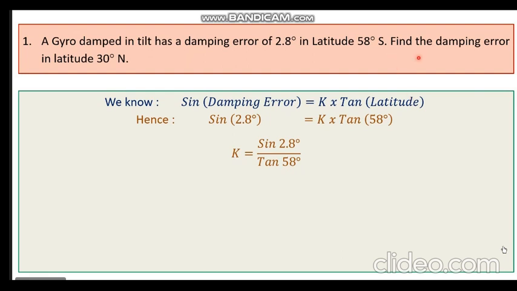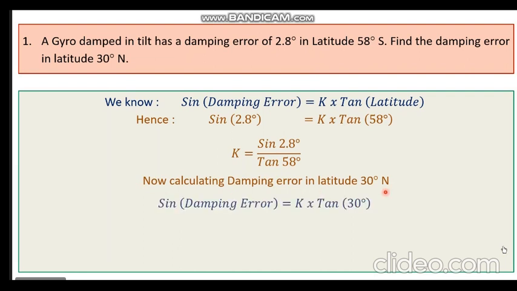Now the question says we have to find the damping error in latitude 30 degrees north. So again using the damping error formula, the formula tells us sine of the damping error is equal to K tan latitude. In this case, latitude will be 30 degrees.